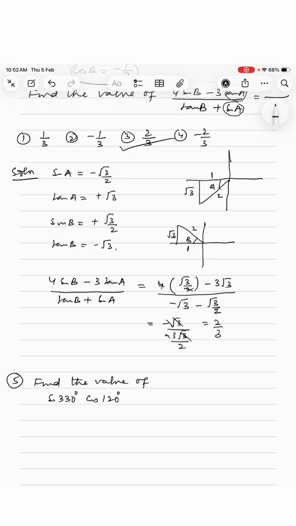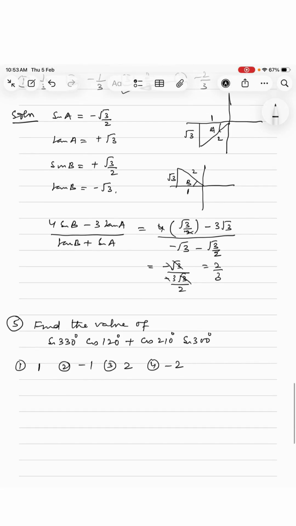This is the question based on the values of each function. We have to find from these four options which is correct. First option is 1, second option -1, third option 2, fourth option -2. Can anybody tell me what is the answer for this?